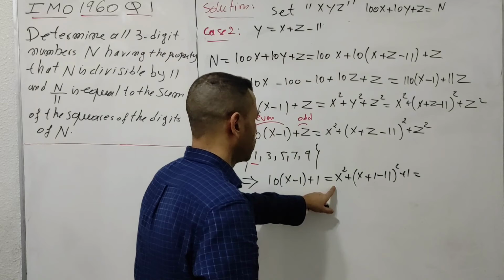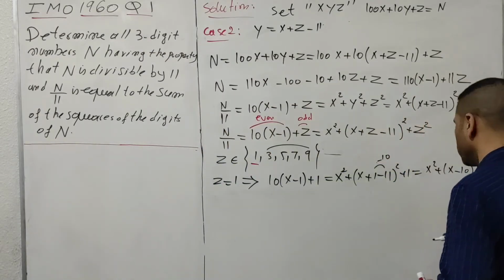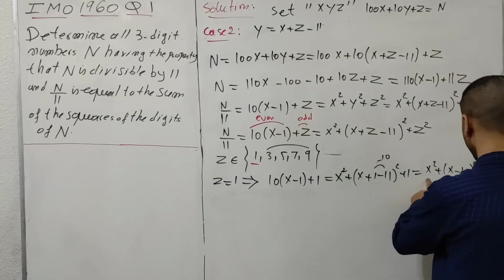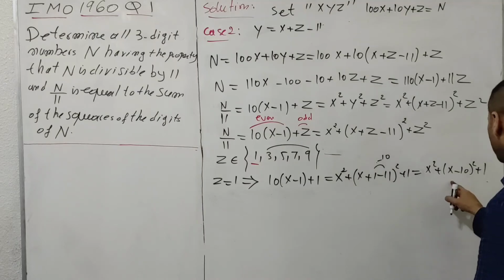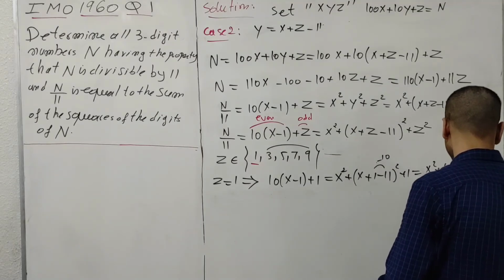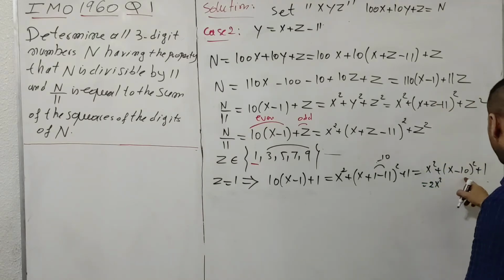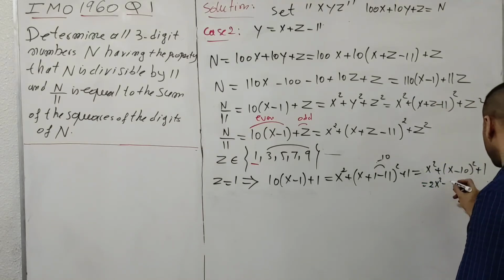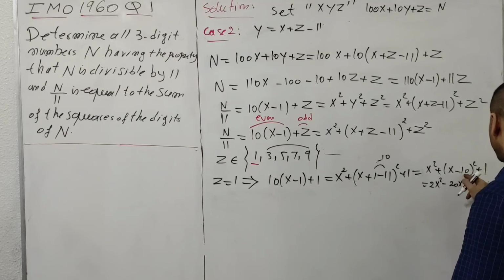By simplifying, I will get x squared plus x squared, which is 2x squared, minus 20x, plus 100 plus 1, which is 101.